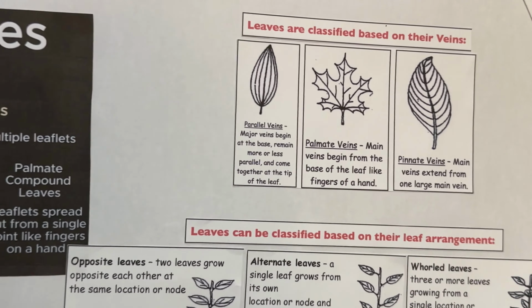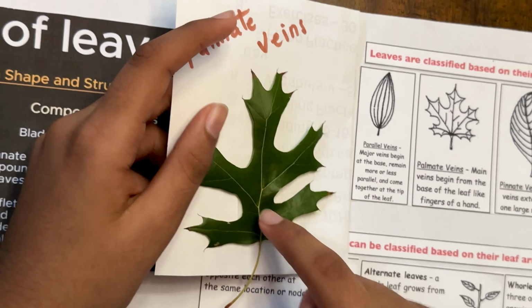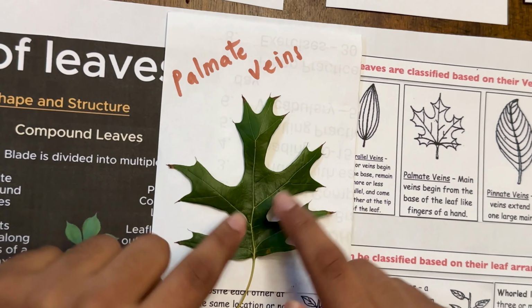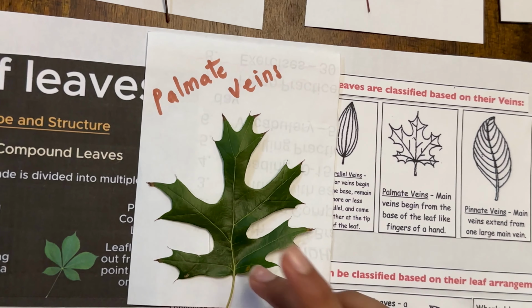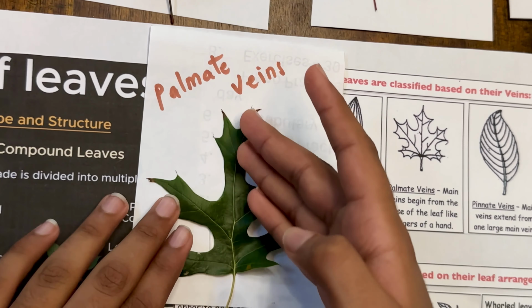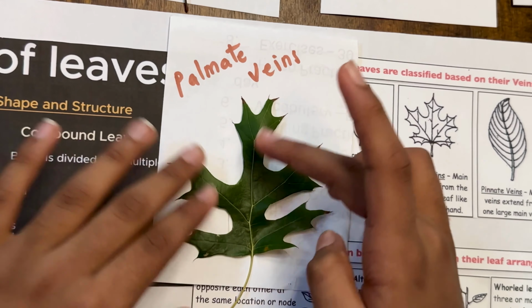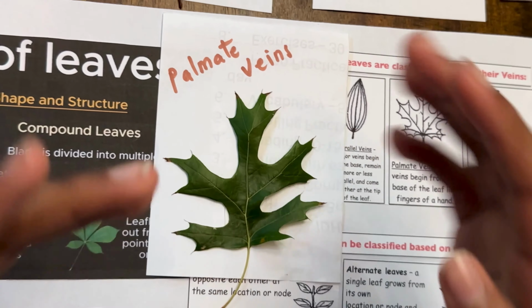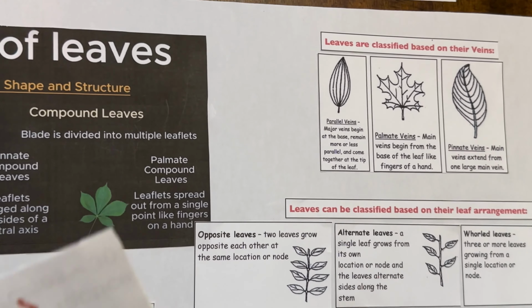Next, we're going to move to palmate venation. When we look at palmate leaves, we have this main midrib, but we also have other veins that extend out from the midrib. These veins move to different parts of the palmate leaf. We can see there are multiple different sections of the leaf, and each vein splits out from the midrib to different sections to collect sunlight or carbon dioxide.